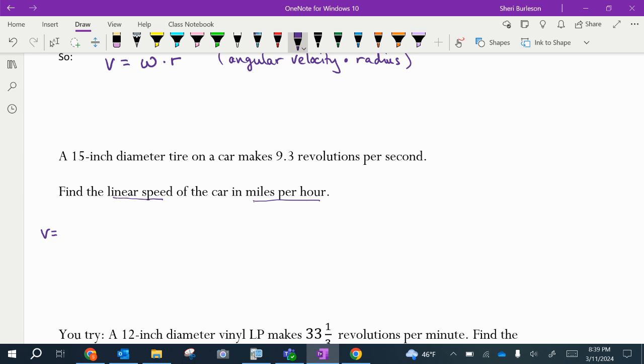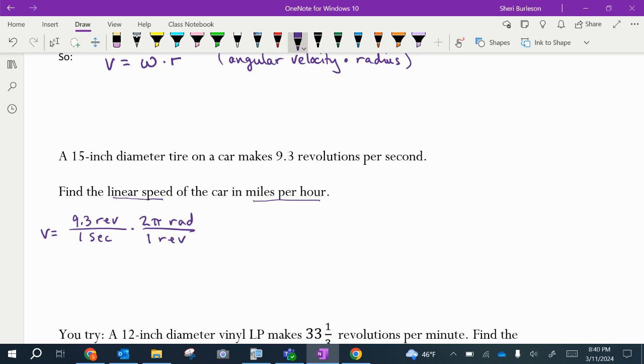So I have my number of revolutions, 9.3 revolutions per 1 second, times my 2 pi radians per 1 revolution. And that gets me my angular velocity.